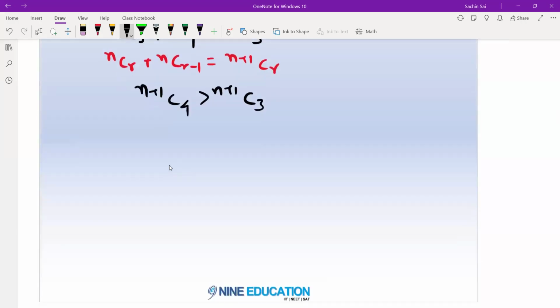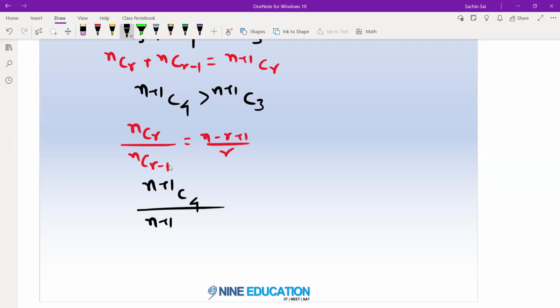Now, there is one result that you can use here, which is NCR divided by NCR minus 1 is n minus R plus 1 whole divided by R. There is that, or you can also expand n plus 1 C4 and n plus 1 C3. That will also give you the answer. Anyways, n plus 1 C4 divided by n plus 1 C3 should be greater than 1.